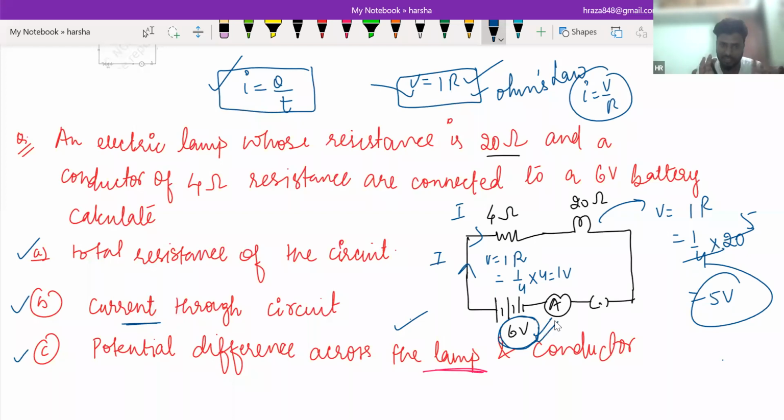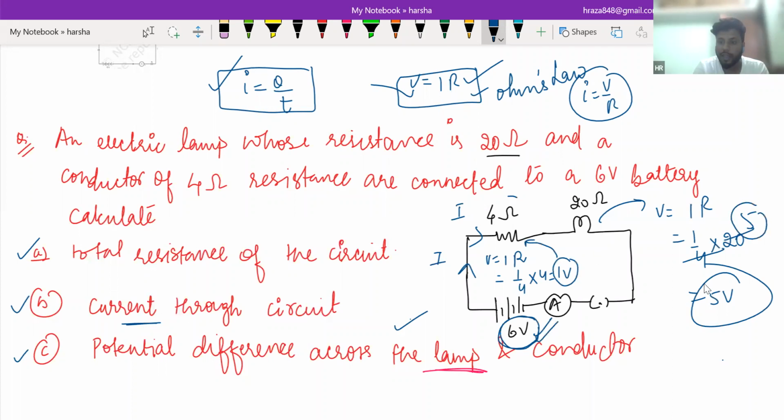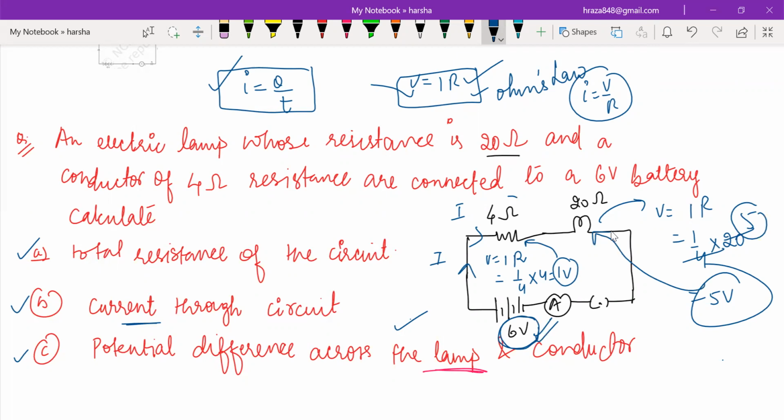Is that clear? 6 volt. And now you can see 1 volt across this conductor, and 5 volt across this resistance. Total how much is it? 6 volt or not? Yes, sir. So they are equal.